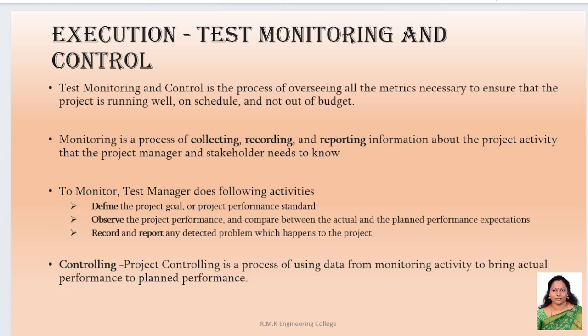You need to monitor and control the test activities to bring them back on schedule. Monitoring is the process of collecting, recording, and reporting information about the overall project activities. That is the duty of test monitoring and control.